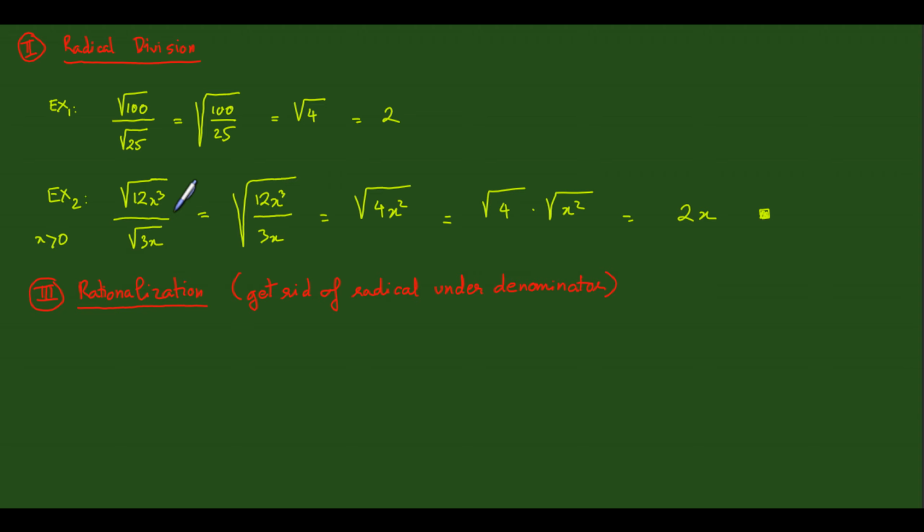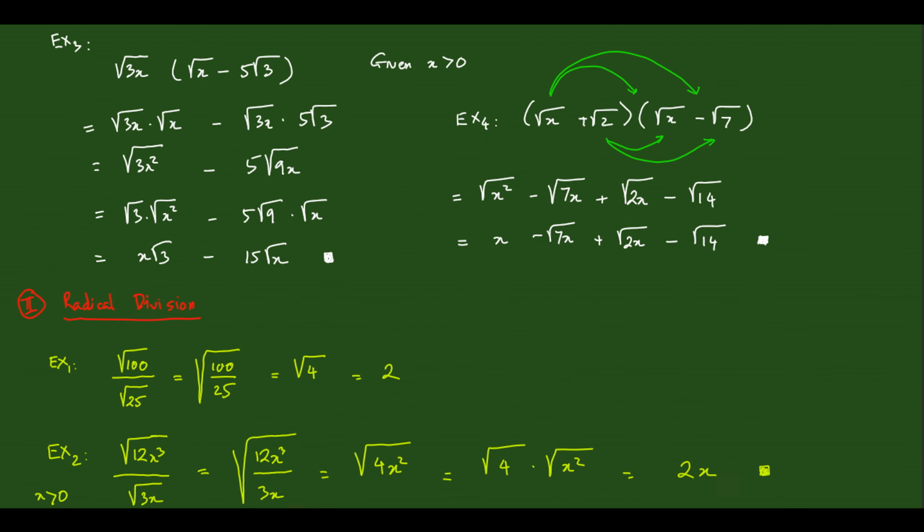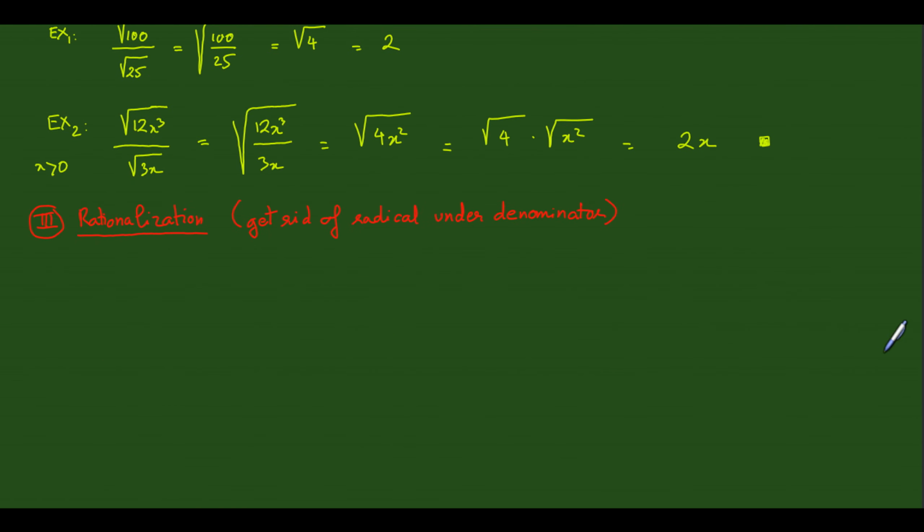I can give you an example like this. Let's use a different color for fun. What if I have 2 over radical 7 radical 5, and I want to rationalize this?